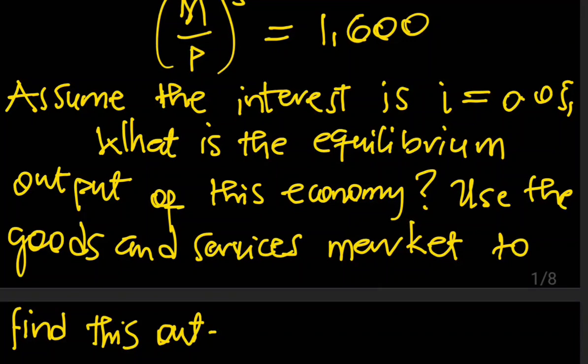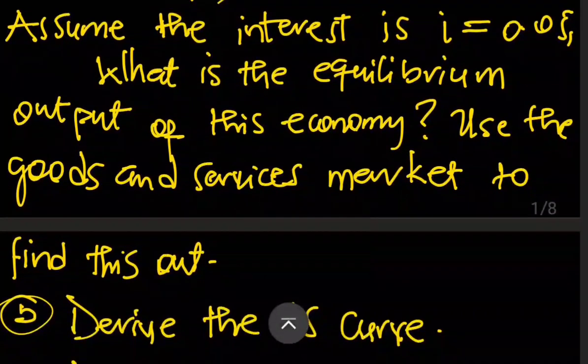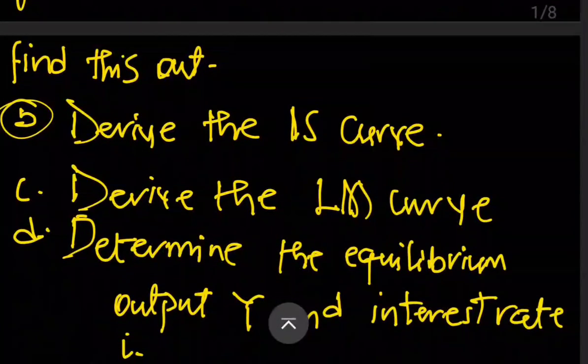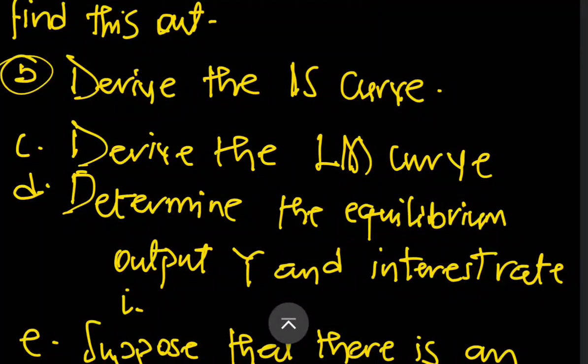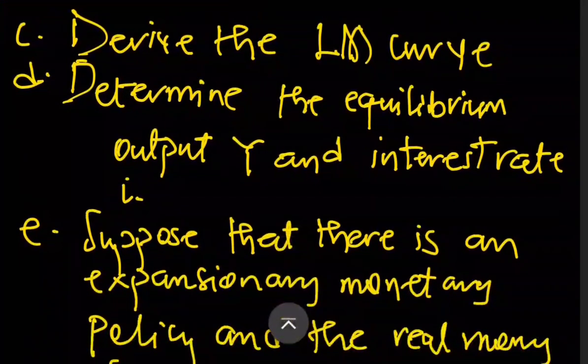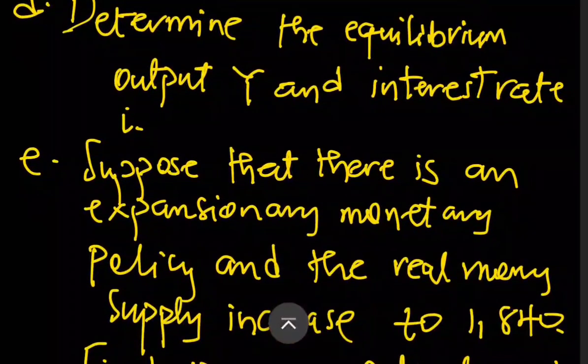It says, what is the equilibrium output of this economy, and also you have to use the goods and services market to find out. B is saying that you have to derive the IS curve, C is saying you have to derive the LM curve, and D is saying you have to determine the equilibrium output Y and interest rate i.